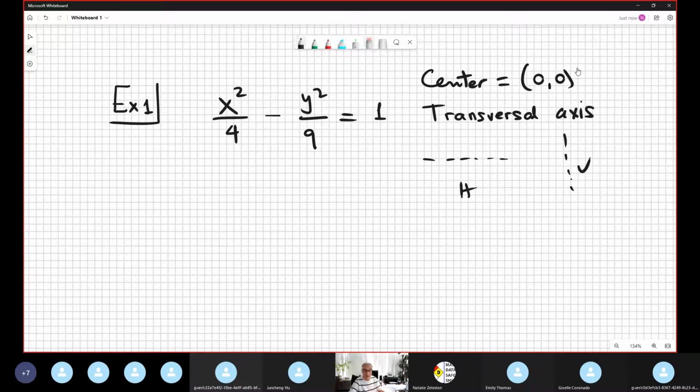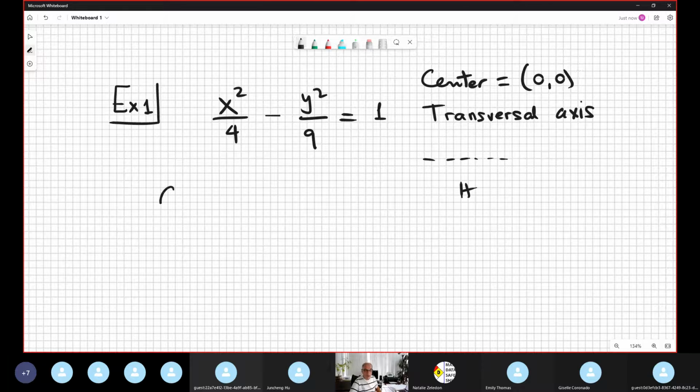The orientation of the transversal depends on who is positive and who is negative. I see clear like water that the positive term in this equation corresponds with the x. But in the hyperbola, it is a completely different criterion. So the conclusion: we are in front of a horizontal one.